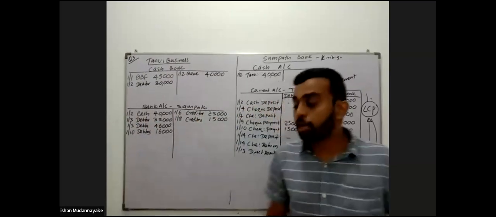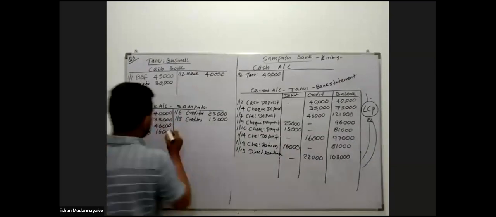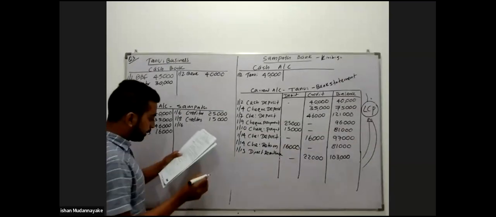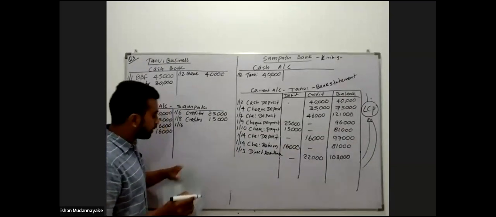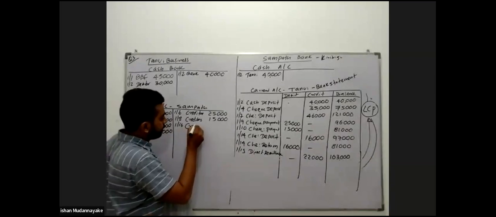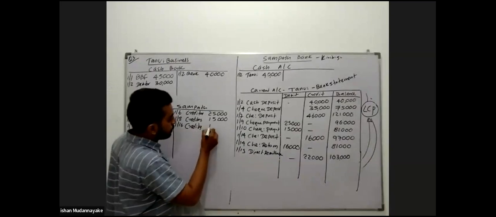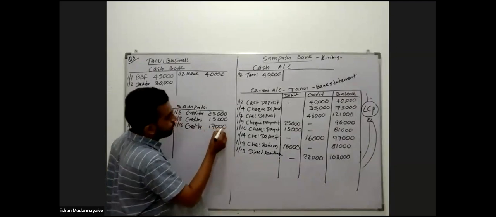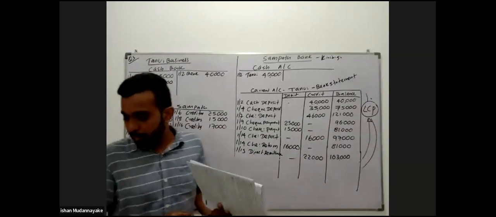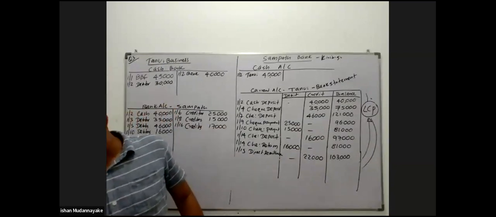Then 16 January, record this check: paid supplier 17,000. Is it creditors or suppliers?